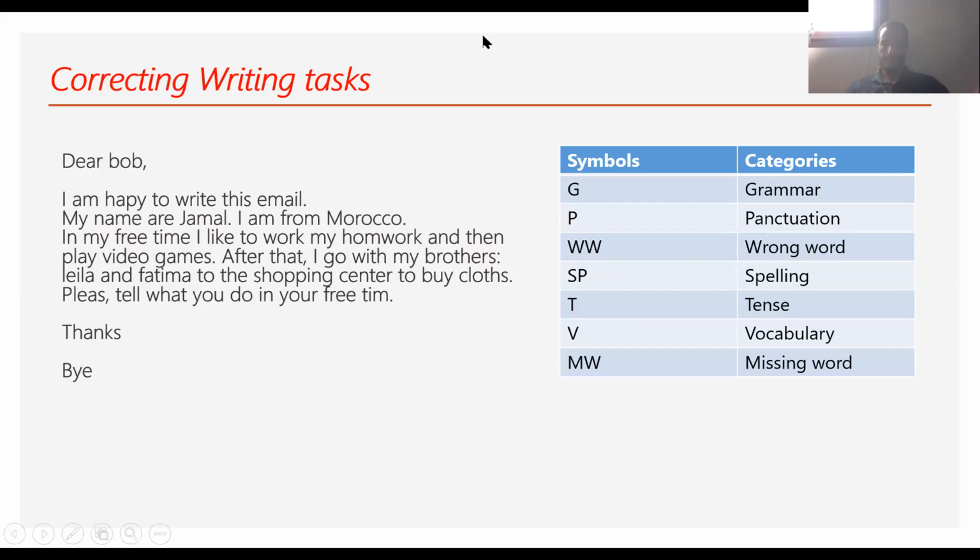Okay. Ah, spelling. So here we can write it's a... Punctuation, P. Sorry, I don't know how to write with this one. P. Punctuation.